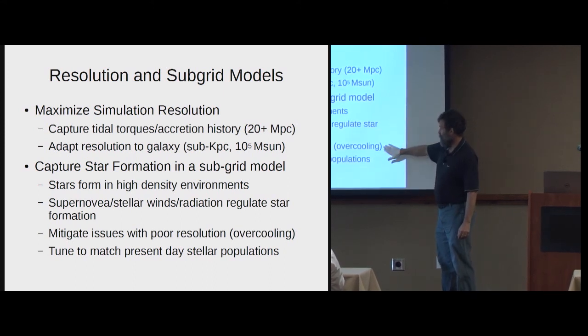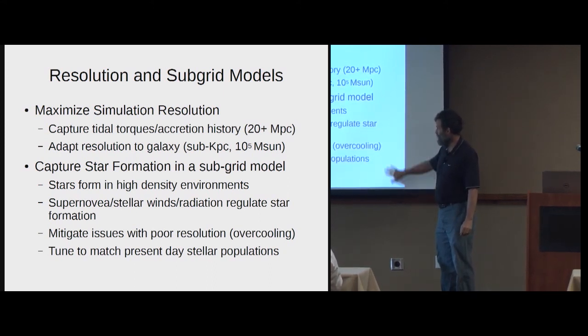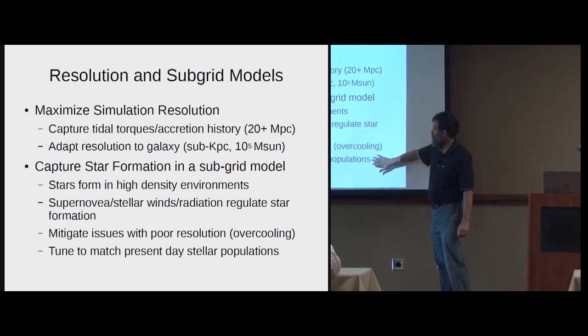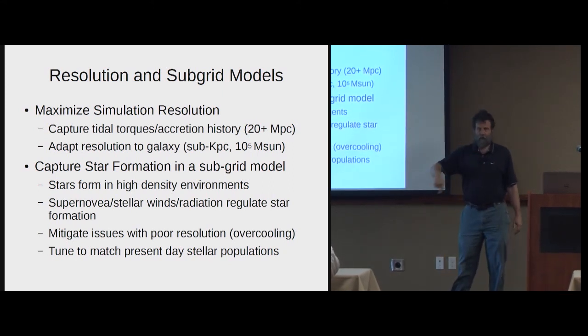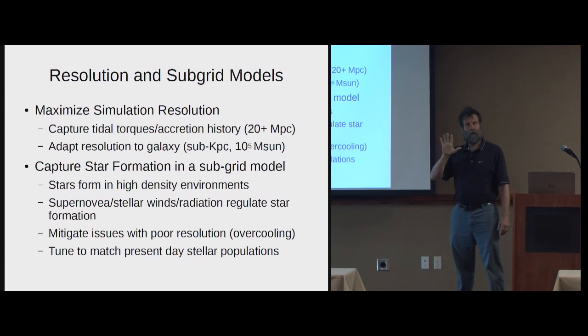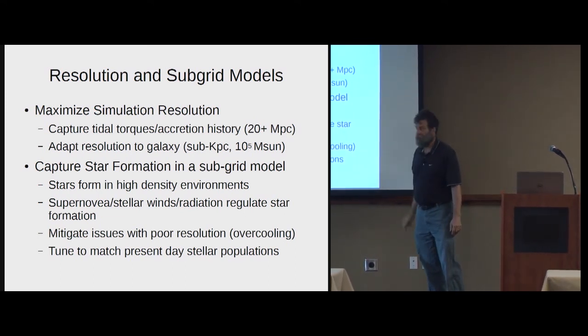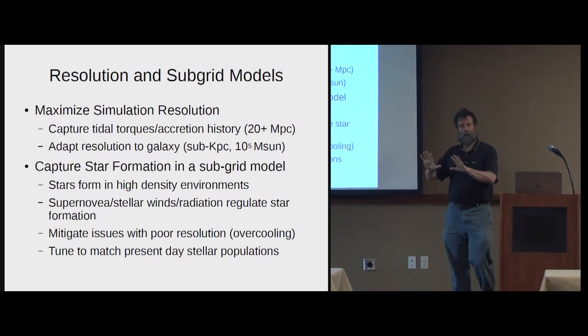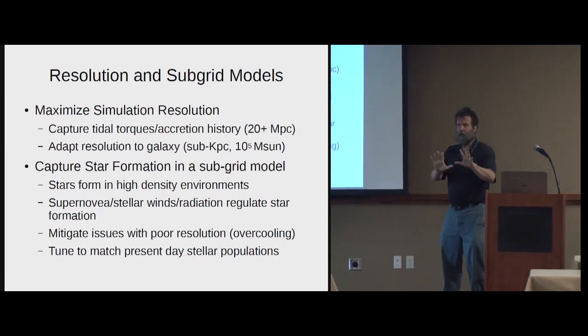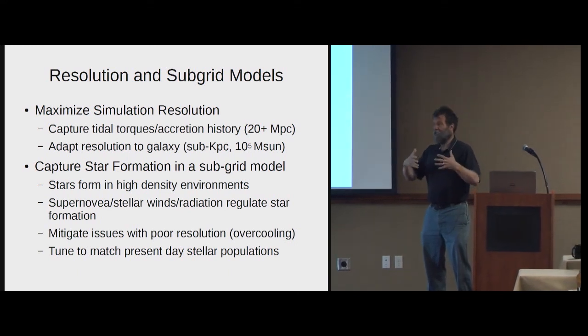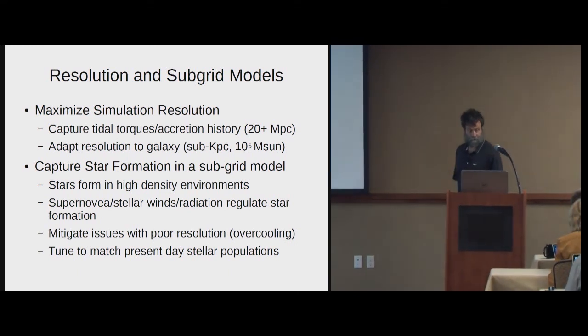We have to mitigate issues with overcooling, and we run a number of simulations to model present-day galaxies, which we use to tune the star formation parameters. So that sets our model, and once we set it, we can start making predictions about, say, galaxies in different environments.